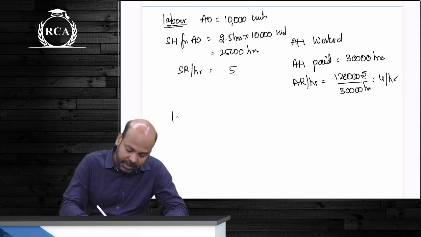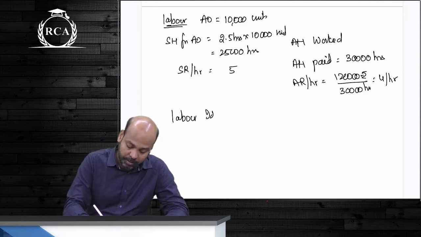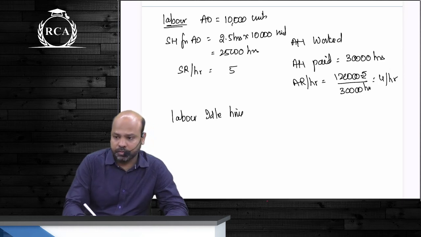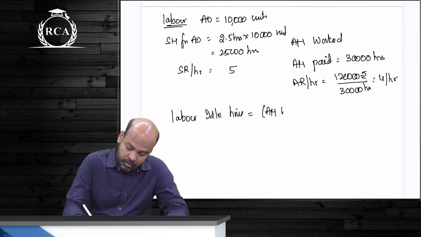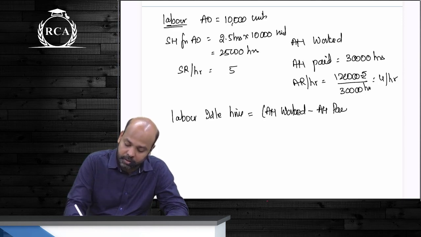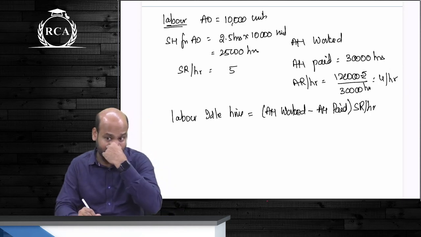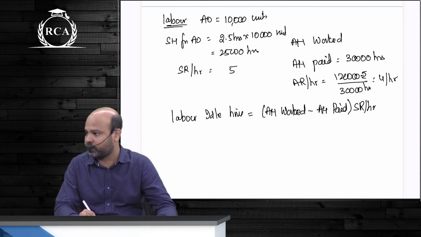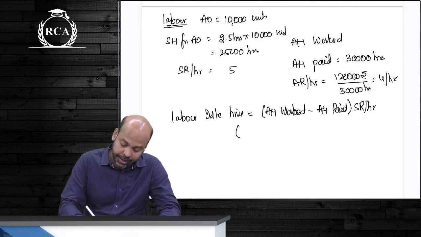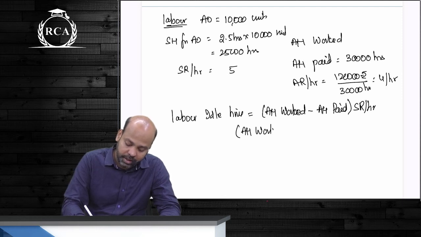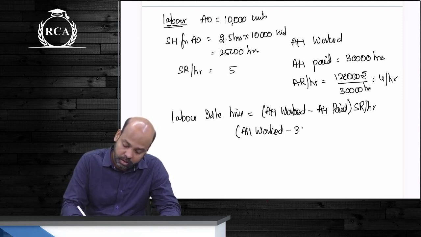Can you use labor idle time variance, guys? You remember the formula for idle time? AH worked minus AH paid multiplied by standard rate per hour. Idle time variance is always supposed to be adverse, not favorable. AH worked is what I have to compute, guys. AH paid is how much? 30,000.